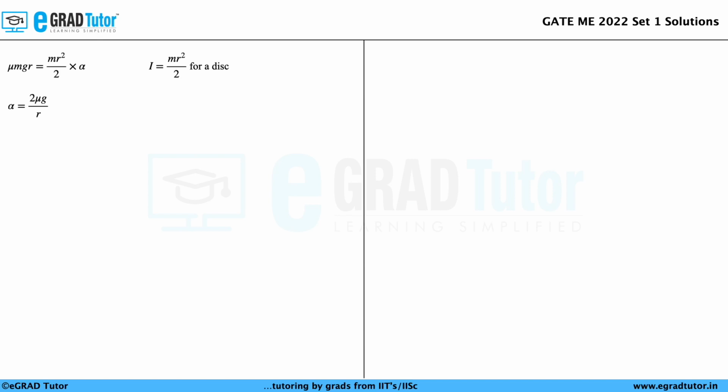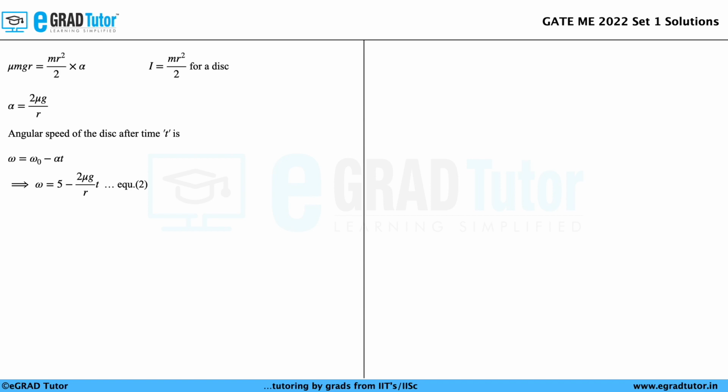Let us say that the angular speed of the disk after the time interval t can be written as omega is equal to omega naught minus alpha t, and we have the value of omega naught as 5, and replacing alpha as 2 mu g by r, we get omega is equal to 5 minus 2 mu g by r into t. Let us take this as equation number 2.